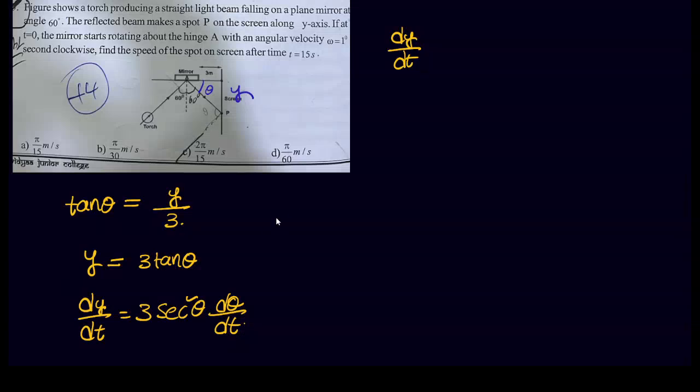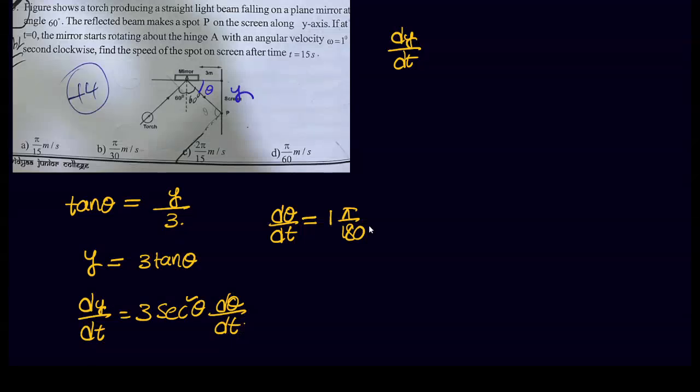They have given d theta by dt as 1 degree per second, so for 1 second we can say this is pi by 180. We can substitute these values.